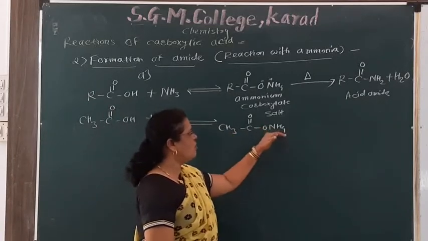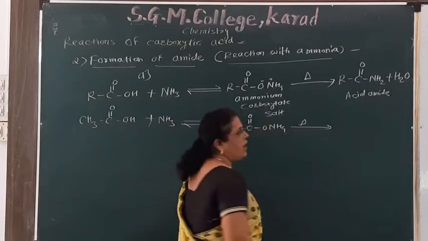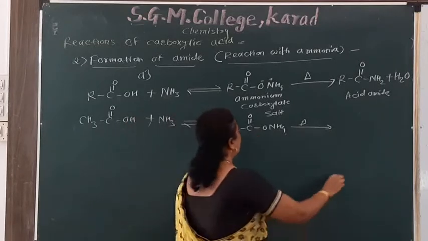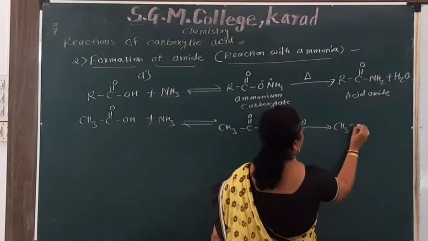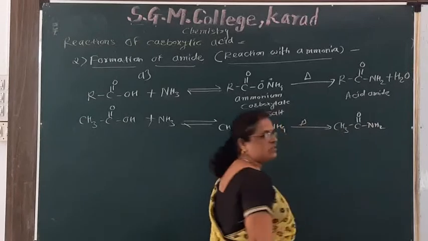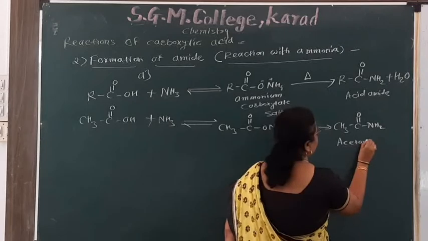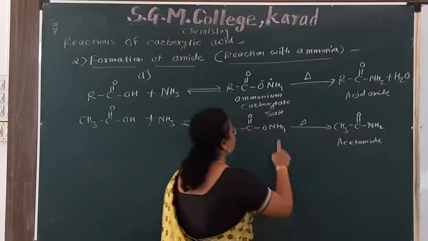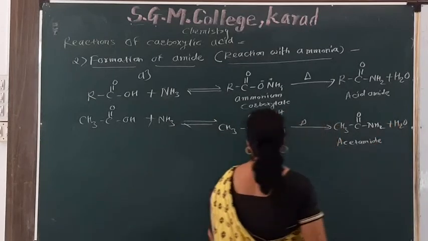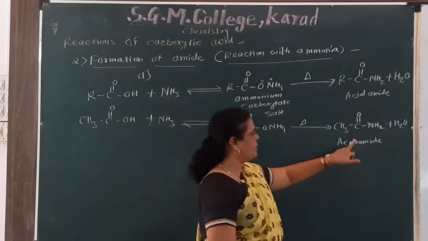This is known as ammonium acetate, which on strong heating at high temperature decomposes to give acid amide like CH3CONH2. This is known as acetamide, plus 2 hydrogen and 1 oxygen gives H2O. Means here formation of amide.